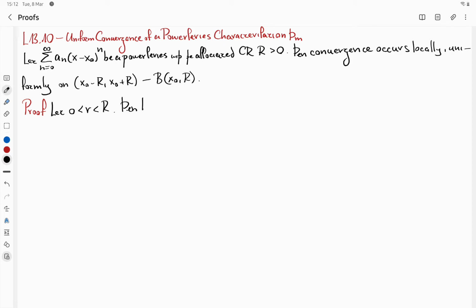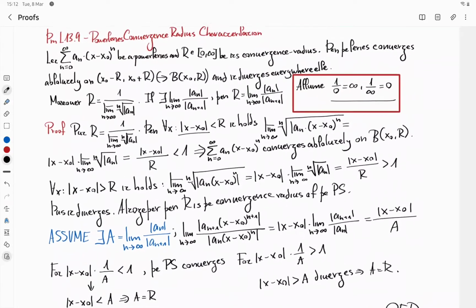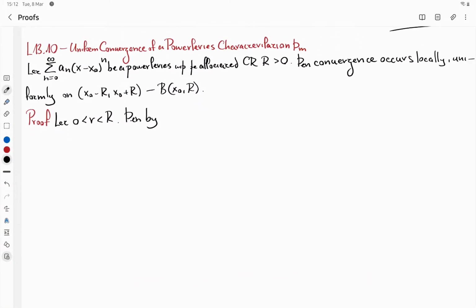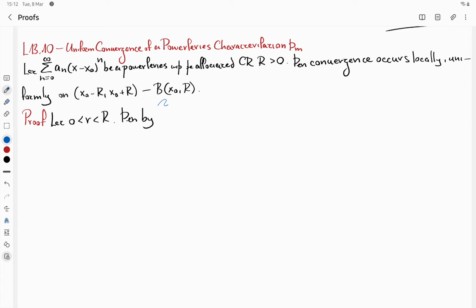Then, by the previous theorem, that would be the power series convergence radius characterization, I shall just use the shorthand by the theorem 13.9, for x equal to x0 plus r. So if you substitute this in, which you absolutely can, you will get the following.